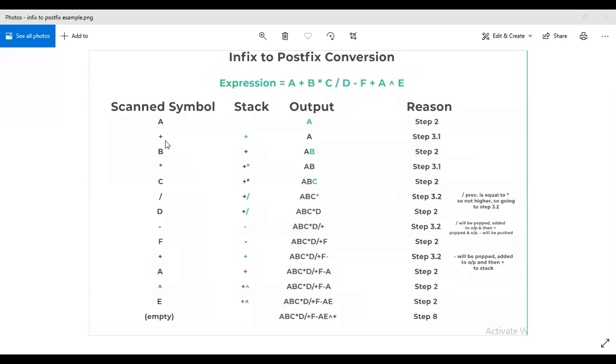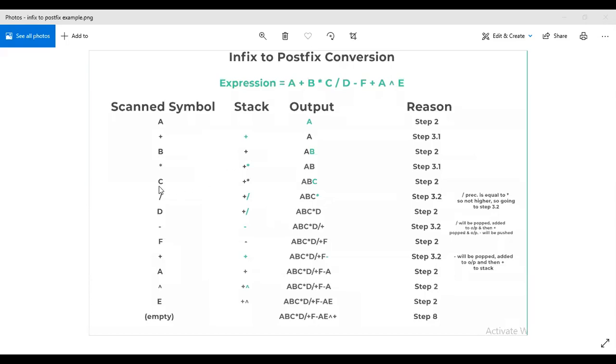Anyway, leave that part. If the operator already in the stack has less preference than the present scanned operator, for example, plus is already in the stack, but the present operator scanned is star, so star has more preference than plus. So I will just push it onto the stack.